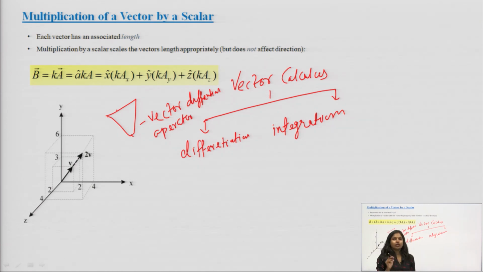This is also known as del operator, nabla operator and gradient operator. With the help of this vector differential operator, we can obtain 4 other kinds of operators which are very useful to tell about the properties of a field.